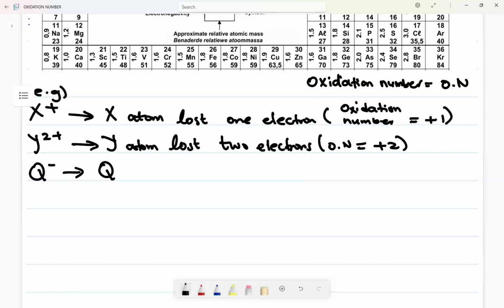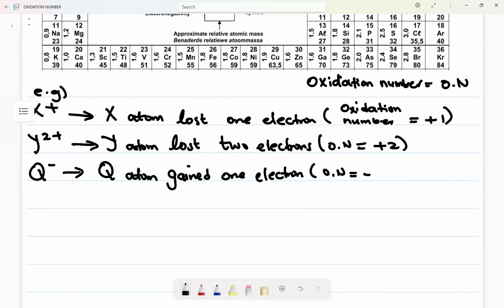So we're going to say Q atom did what? Remember, when you become more negative, it means you have gained 1 electron. So its oxidation number is going to be what?